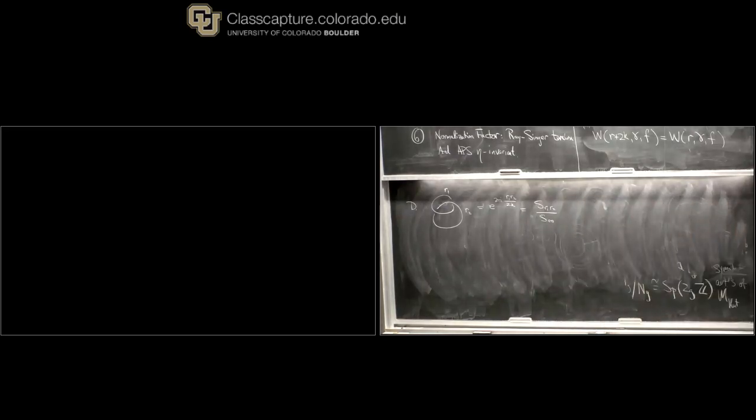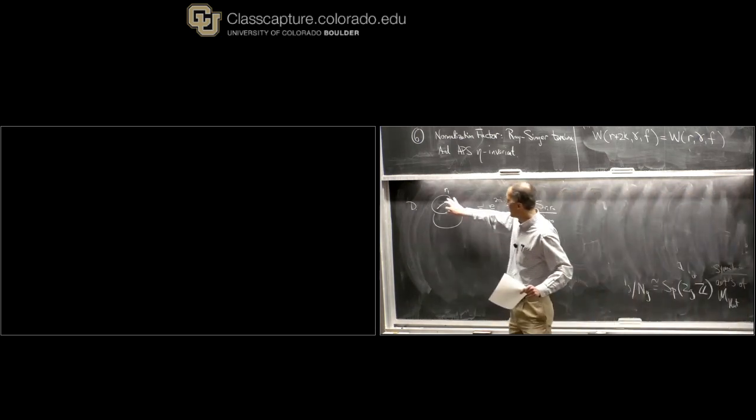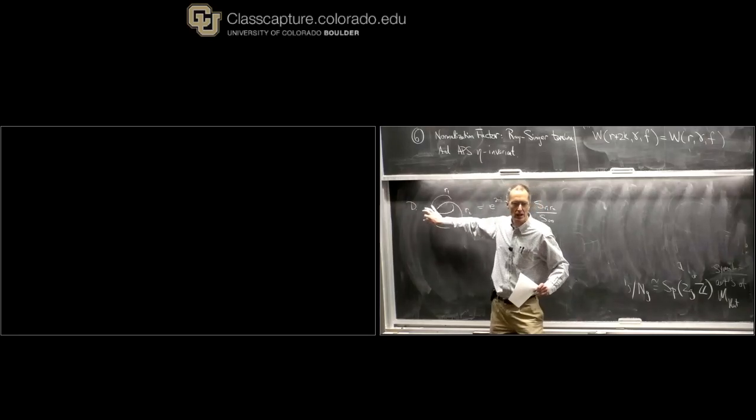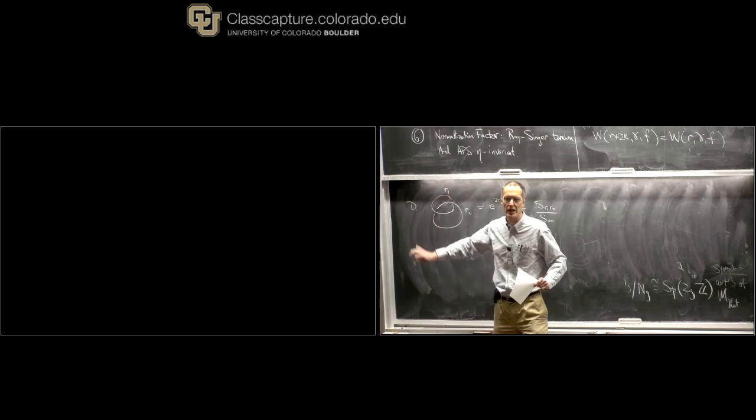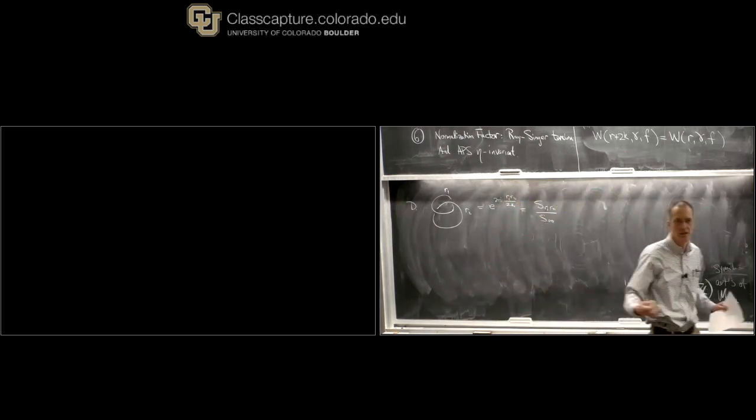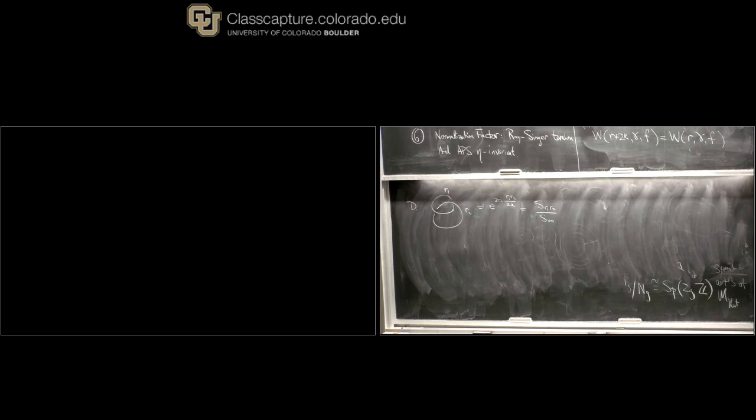And this is a general result in three-dimensional Chern-Simons theory, that the amplitude for having two linked line defects with different representations is the S matrix amplitude. This is part of the beginning of the proof of something called the Verlinde formula.